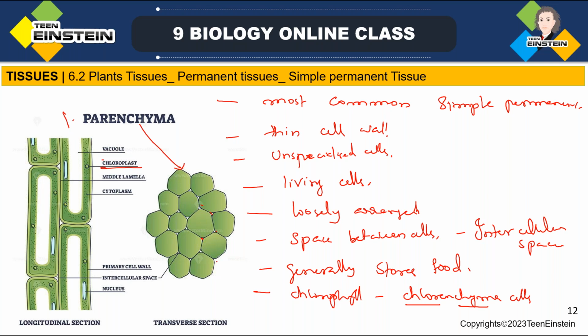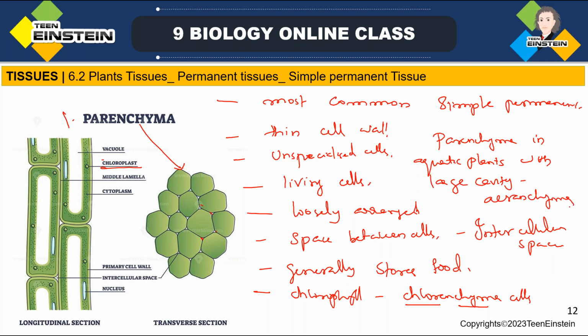That type of parenchyma cells in aquatic plants with large cavities are called aerenchyma. Aerenchyma cells are the parenchyma cells which have large air cavities, which helps them to float. Such type of parenchyma cell is called aerenchyma.